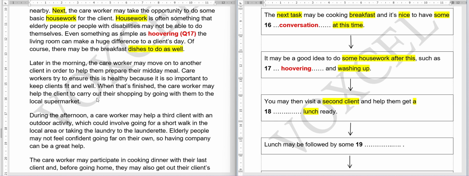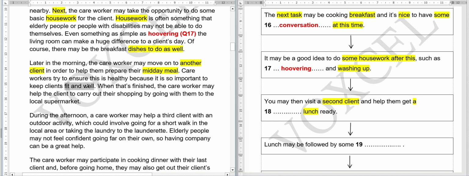All right, let's see. Later in the morning, the care worker may move to another client in order to help them prepare their midday meal. Okay, so here it is written about another client, and their midday meal. Care workers try to ensure that this is healthy because it is so important to keep clients fit and well.